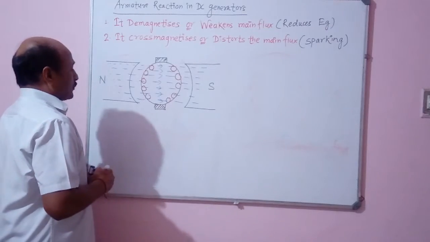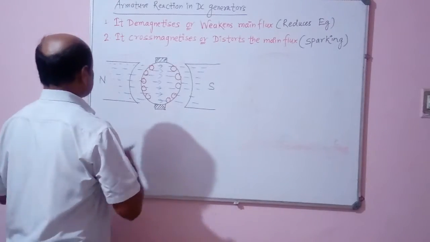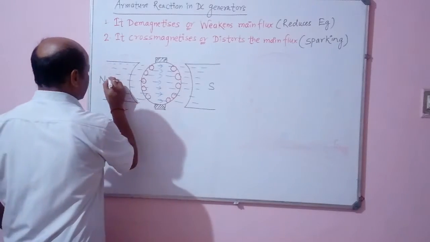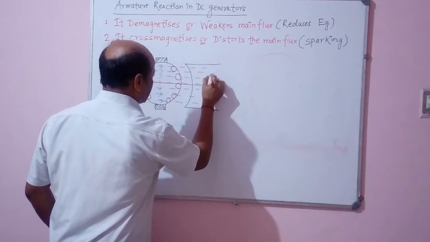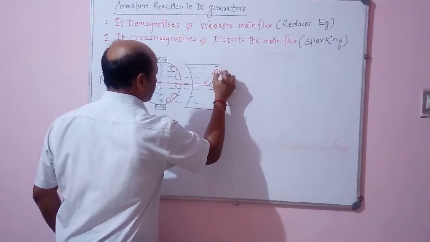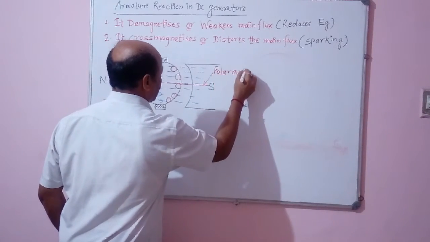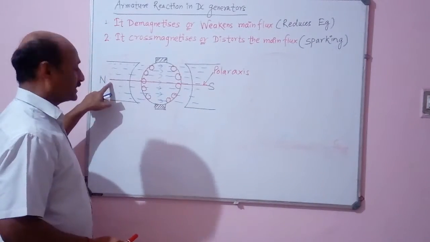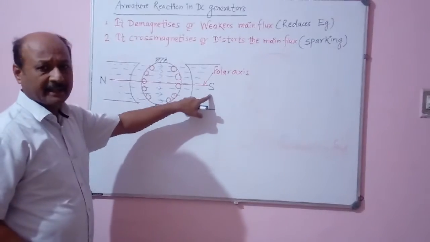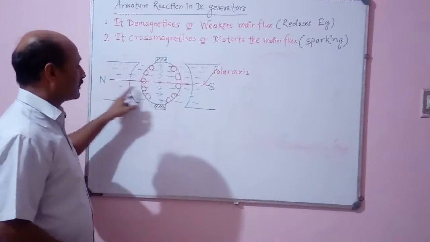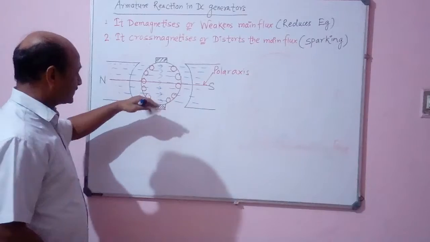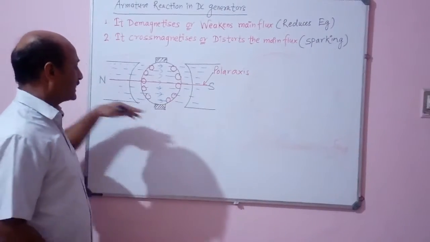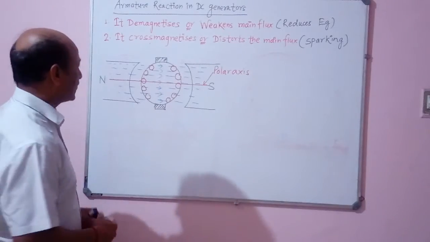Then we have the polar axis. So what is the polar axis? The line joining the centers of the N and S poles is called the polar axis. On this polar axis, the total magnetic flux due to the strong magnets N and S flows from N to S.